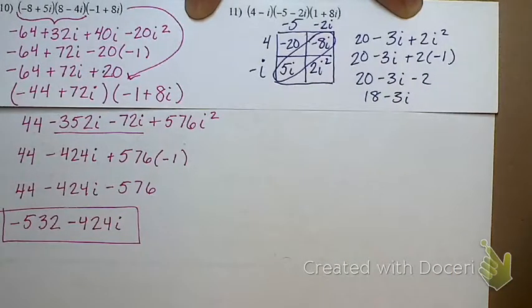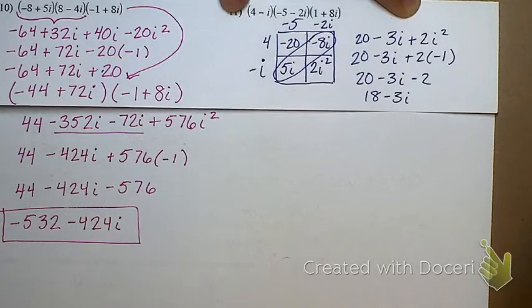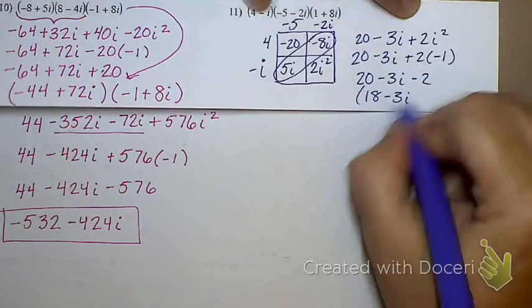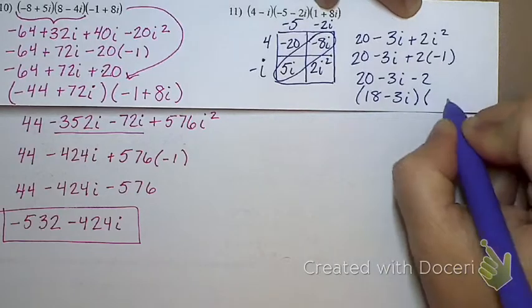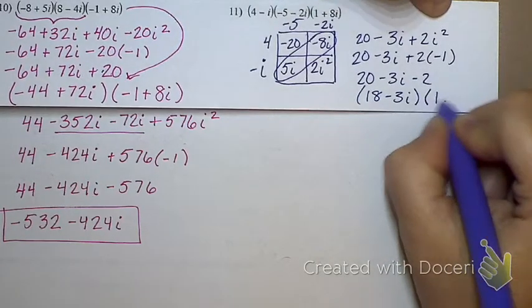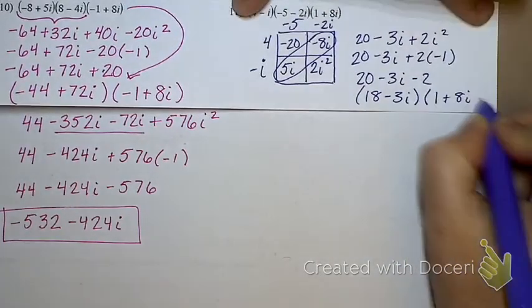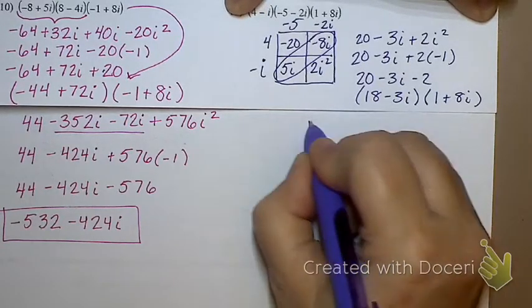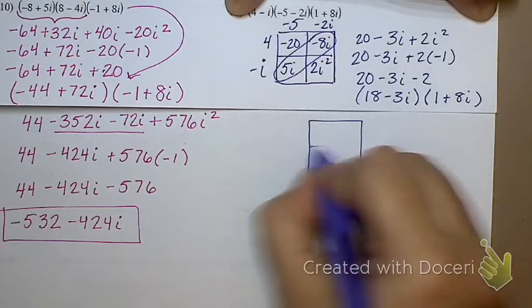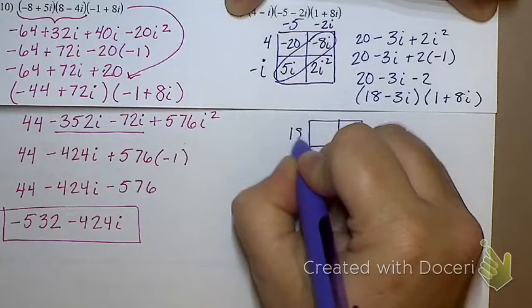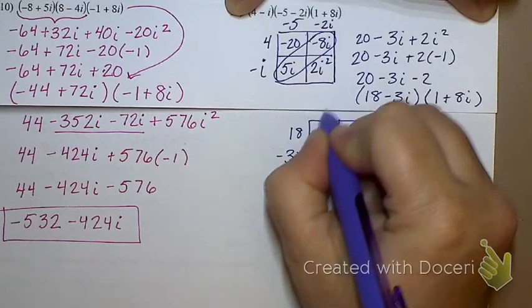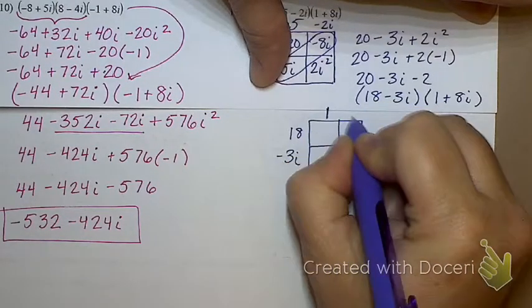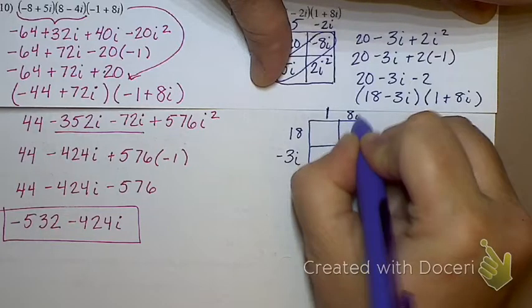So far so good that you get 18 minus 3i from multiplying the first two parentheses. Good answer. So I have 18 minus 3i, and I'm going to multiply that by 1 plus 8i. So I just have to do another box here. 18 minus 3i and 1 and 8i.